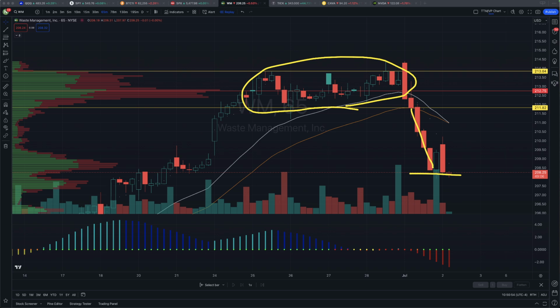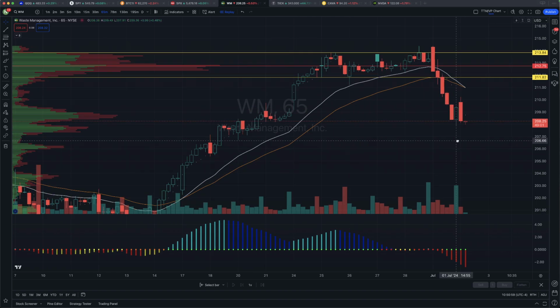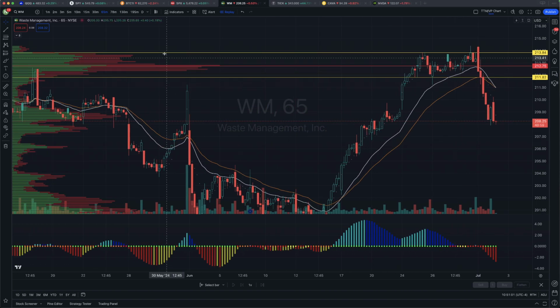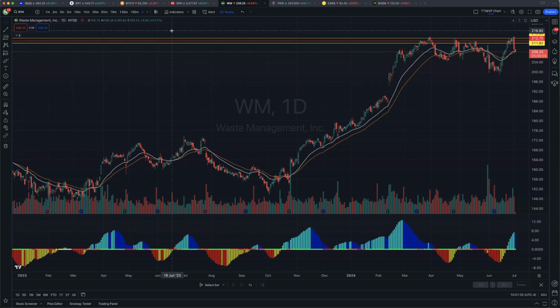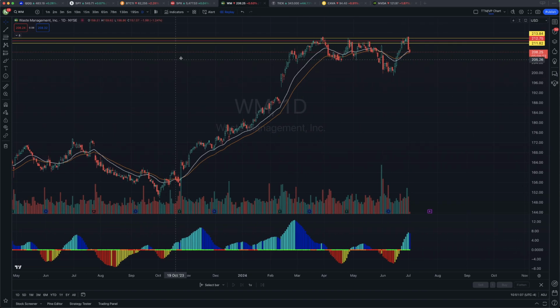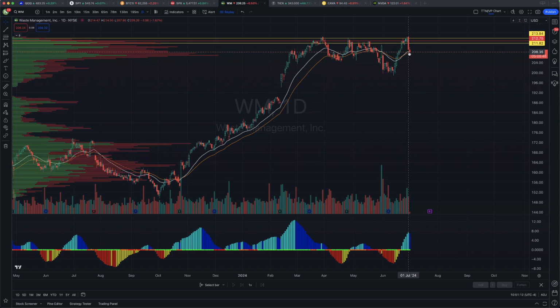And if you're still holding this and you have a lot of time, okay, maybe it has an opportunity to rebound because it has a larger chart pattern on the daily right here, and it's down into its EMAs. But to get down to its point of control, it's got a little bit further to fall.